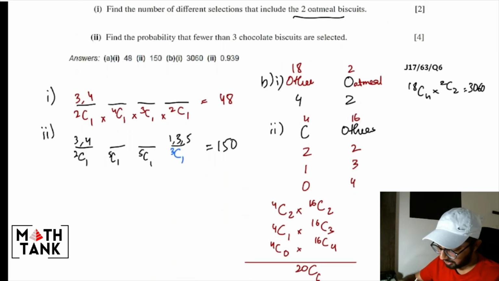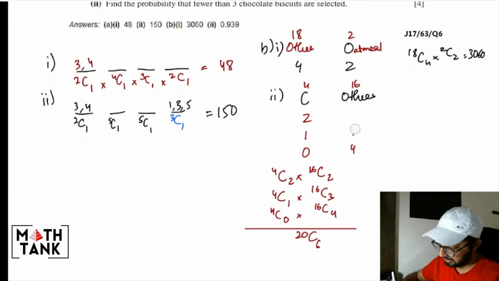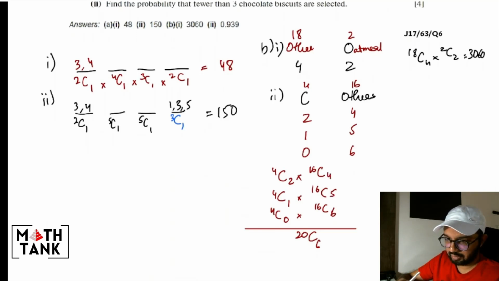Oh, why have I taken 6 biscuits? Oh, my bad. You just make that correction. 2 and 4, 1 and 5, 0 and 6. I thought that I was selecting 4 biscuits, but I'm selecting 6 biscuits.